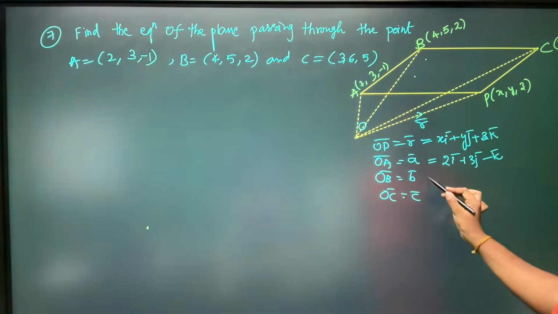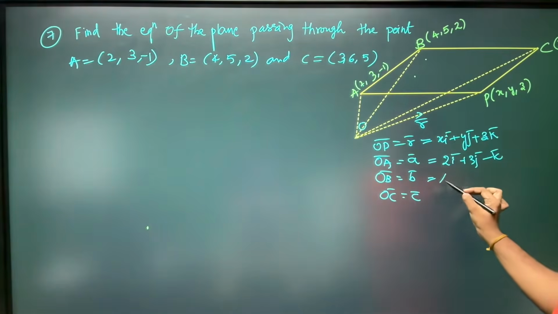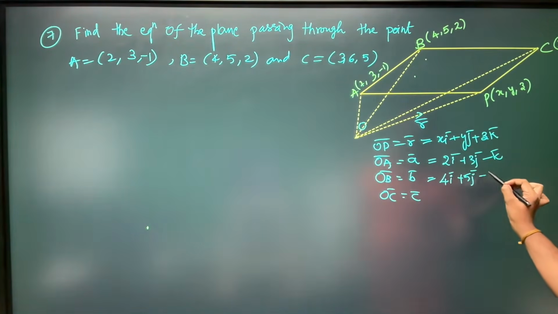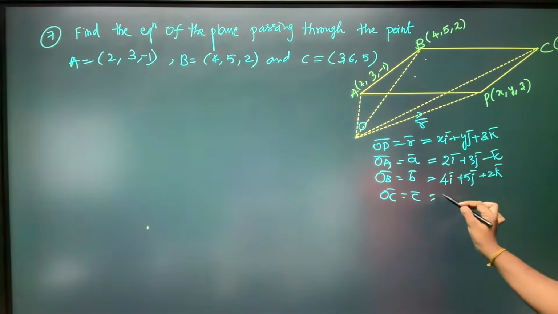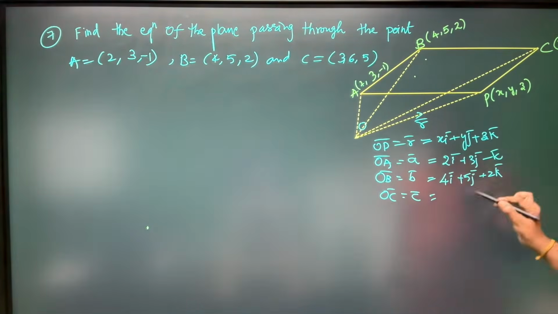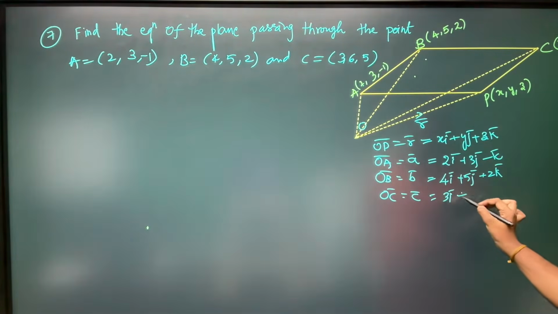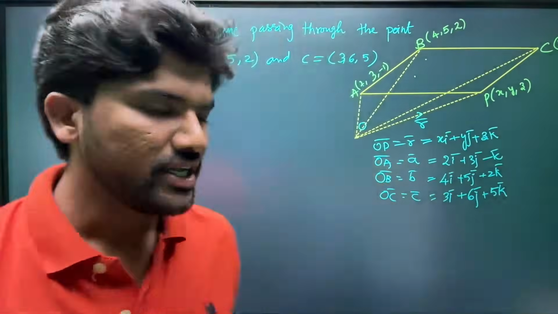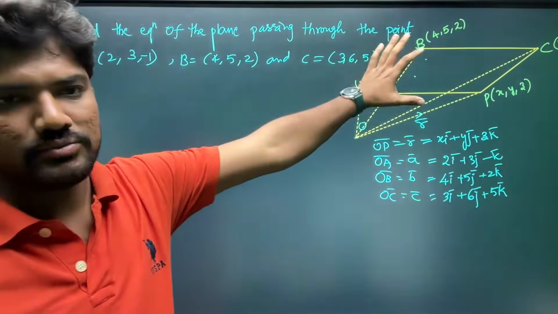Next OB bar, small b bar, is 4 i bar plus 5 j bar plus 2 k bar. Next c bar is 3 i bar plus 6 j bar plus 5 k bar. These are the vectors from the condition. So from the diagram you can observe clearly.